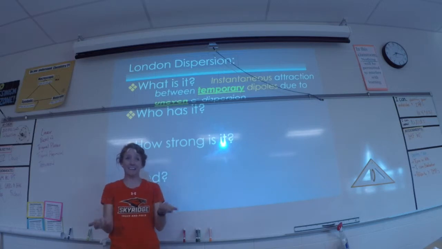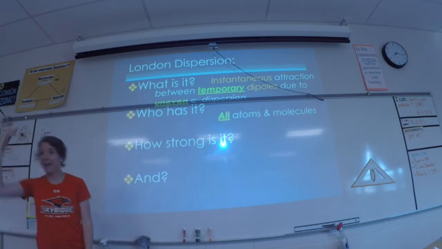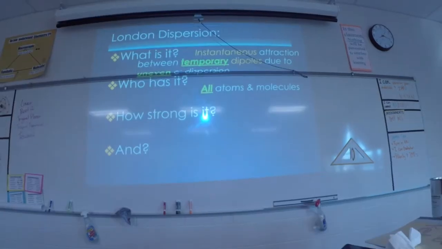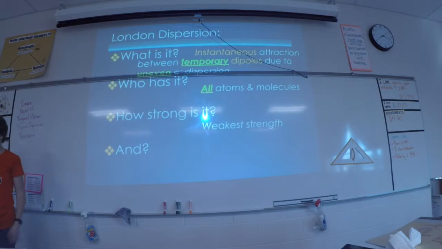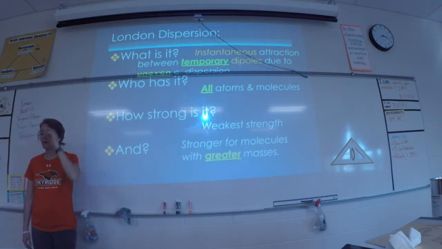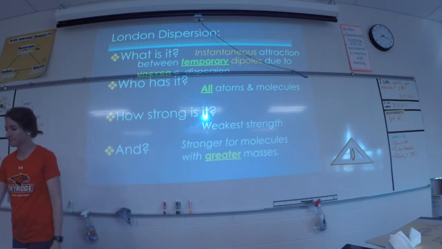Well, since everything has electrons, everything has dispersion forces. Everything on planet Earth. Okay, it is the weakest of our 3 in strength. So London is not very strong. But it can get stronger if you have some really big molecules. So if they have a lot of electrons to shift, it can be a pretty strong force.